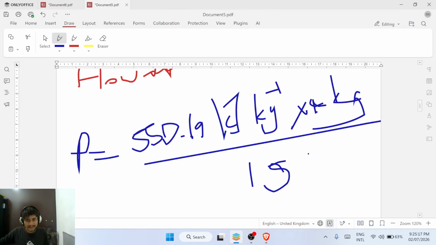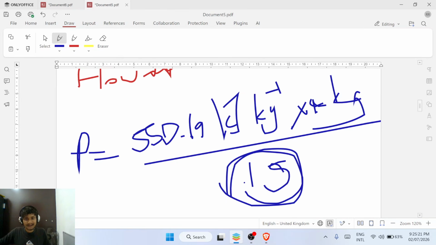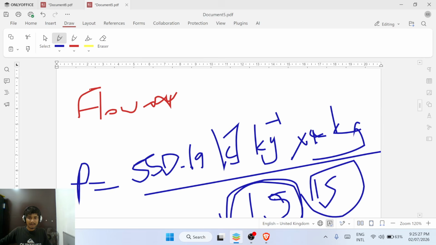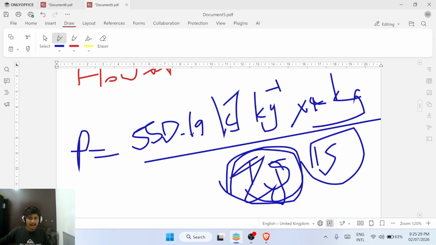We don't ask how I got 1 second; this is the common rule. What is the total energy for 1 second? 4 kilogram of fluid will flow through the pipe for 1 second. That is the meaning. Therefore, kilogram and kilogram will be cancelled.